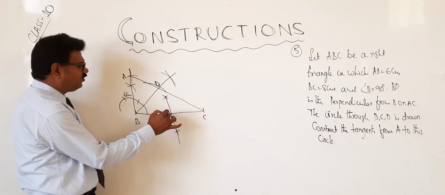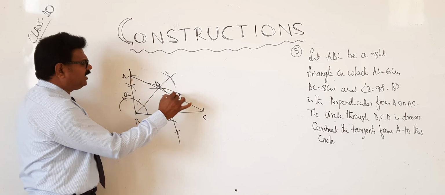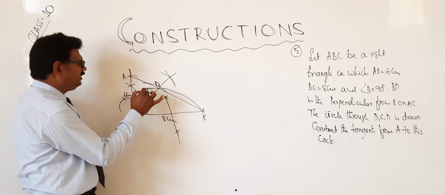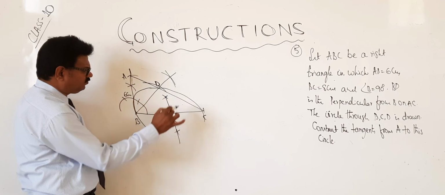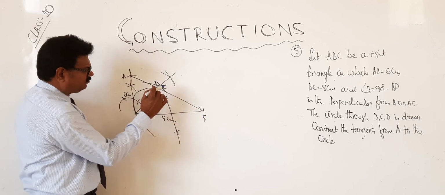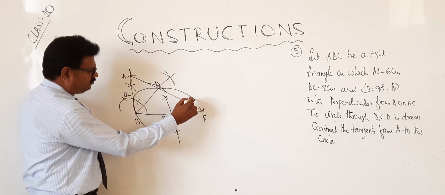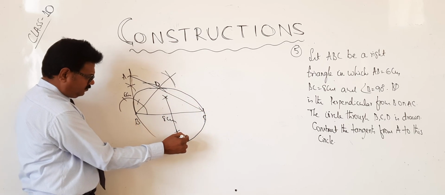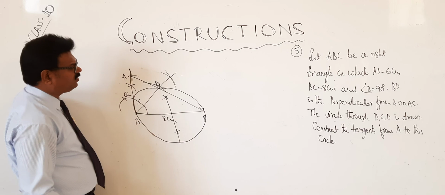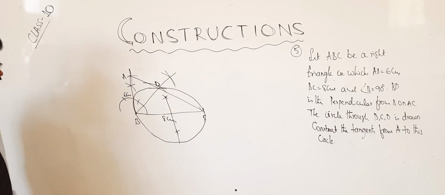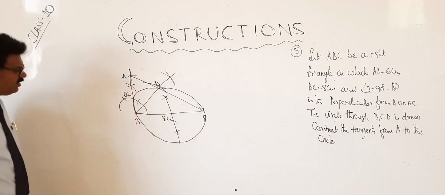The circle drawn through BCD. Therefore, start from this, like this. The circle is formed now through BCD. Now very simple.